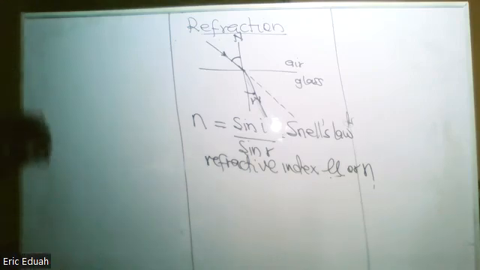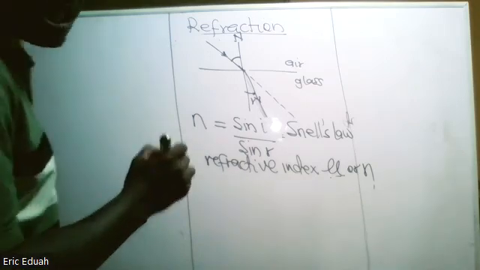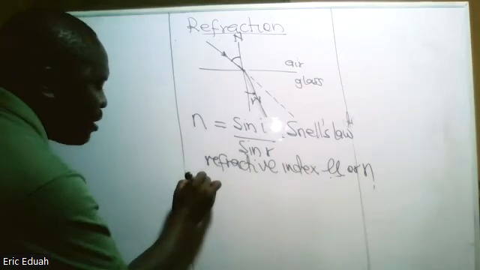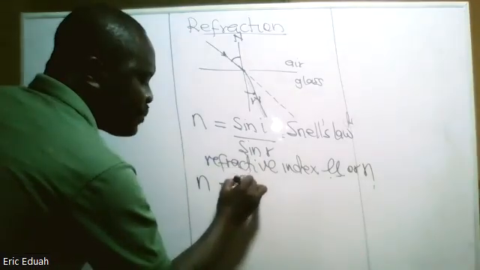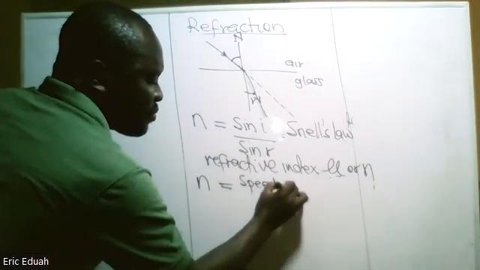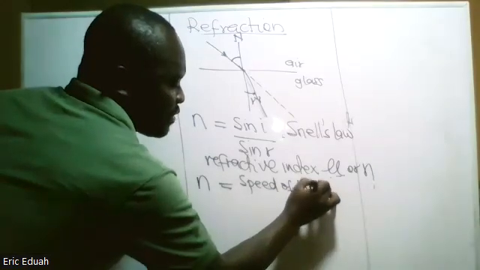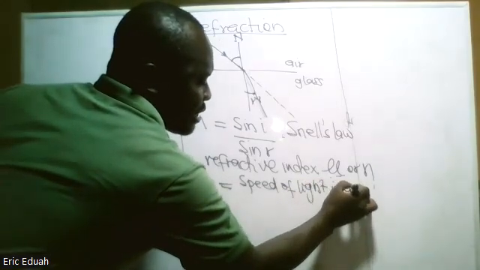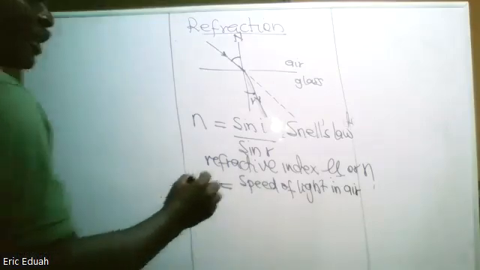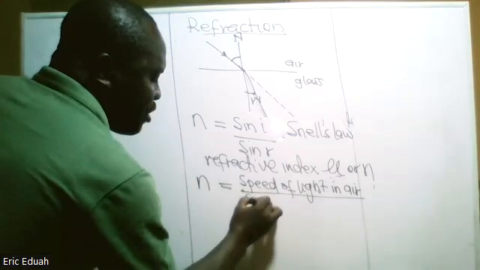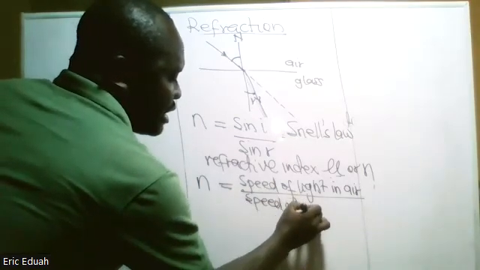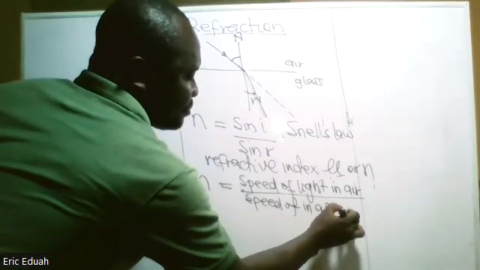Is that okay? Are we okay? Now, refractive index N or mu can also be expressed as the ratio of the speed of light in air divided by the speed of light in a medium.